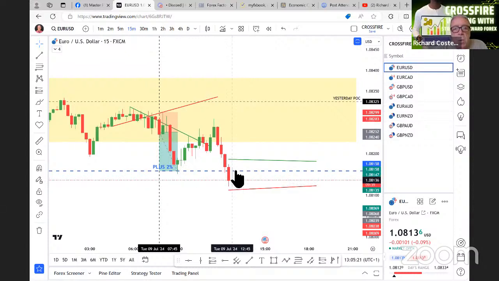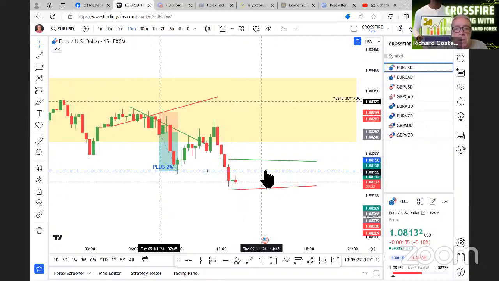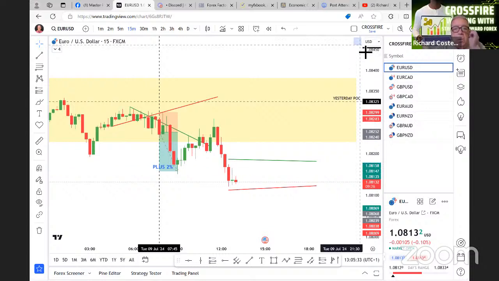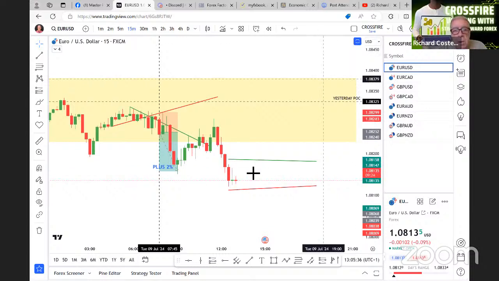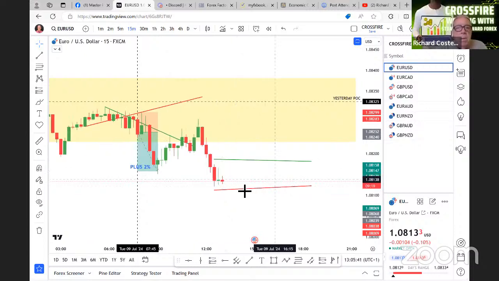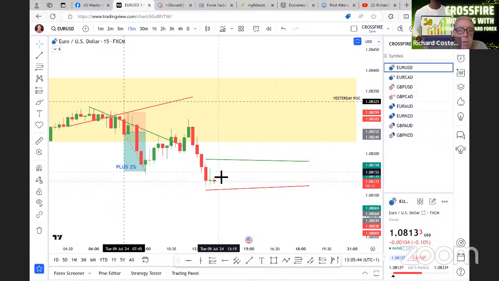It's got a long wick at the bottom and an even longer wick at the top, and a very tiny body. That's illustrating that there's a lot of indecision going on, not a lot of movement in the previous 15 minutes. So this candle is looking as if it might be very similar, but we wait until this 15-minute candle closes.